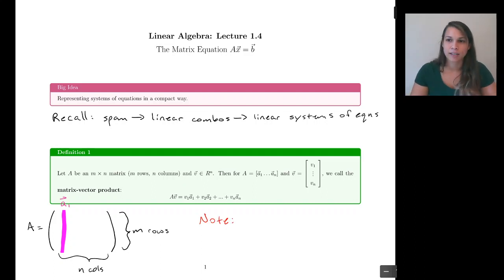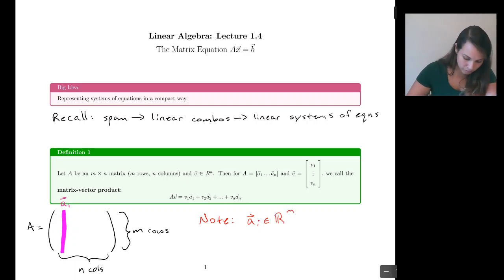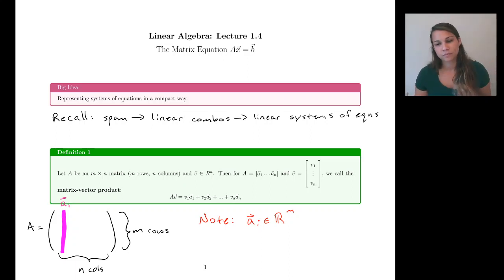How many entries does A1 have? Well, we know that we have m rows, which means we have to have m entries in A1. That means A1 is going to live in Rm. And that's not unique to A1, that's all of them. So we'll say Ai lives in Rm.